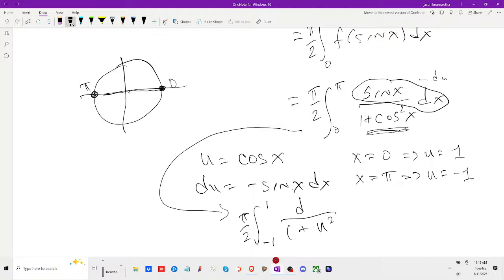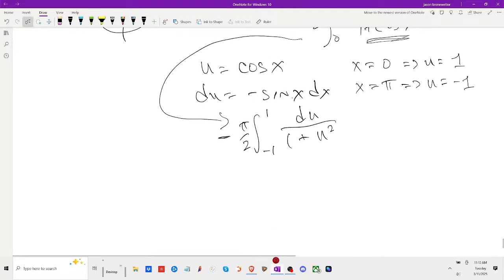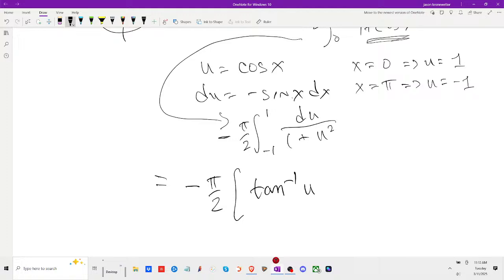I have du on top, and I have a minus, because this portion here is minus du. Okay, I'm ready to go. This is equal to negative pi over 2 times the integral, which is going to be inverse tangent of u evaluated from -1 to 1.